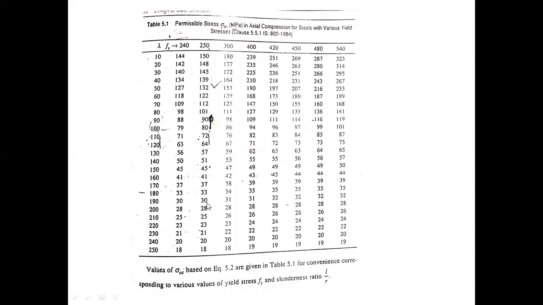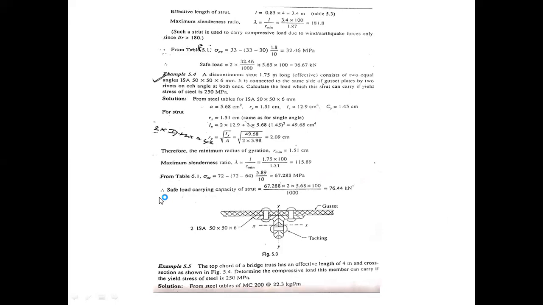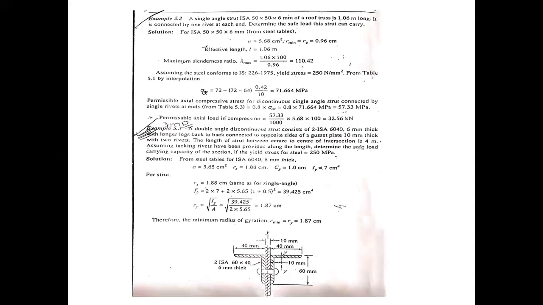That is 33 minus (33 minus 30) into (181.8 minus 180) upon (190 minus 180), where 190 minus 180 is 10. This is equal to 32.46 MPa.